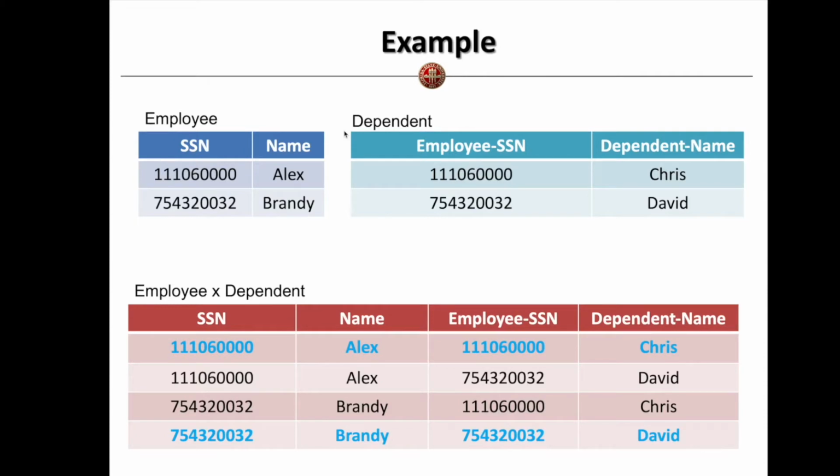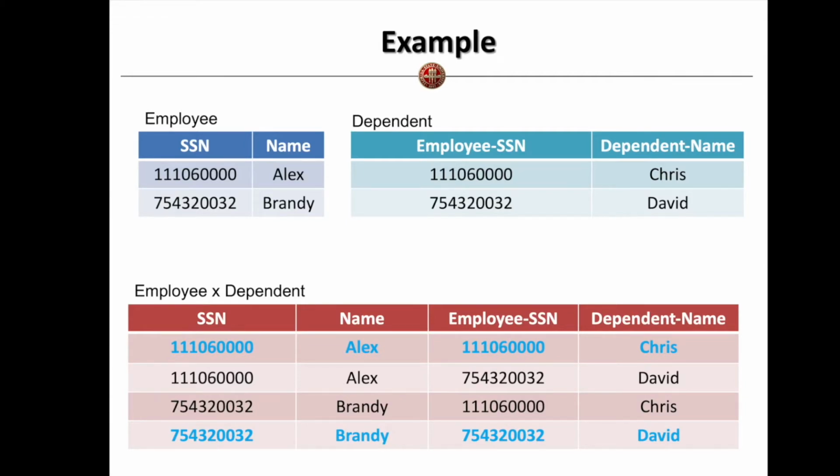Another relation we have is the dependent, for the insurance, right? If you still remember, it's a weak entity set. Dependent depends on the employees. Therefore, inside this dependent table, we have both the employee SSN together with the dependent name as the attributes.